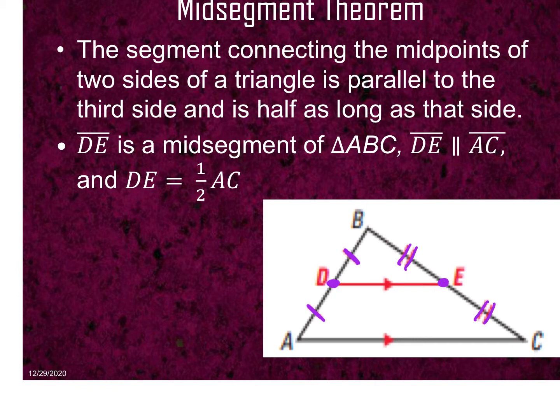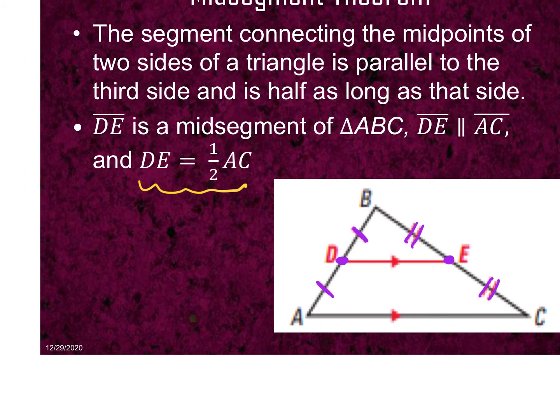And because DE is a mid-segment, the length of DE is going to be half of the length of the side of the triangle that it's parallel to. Now, I could also rewrite this same equation, DE equals 1/2 AC, as 2 times DE is equal to the length of AC.